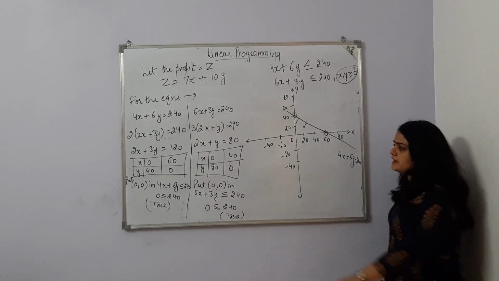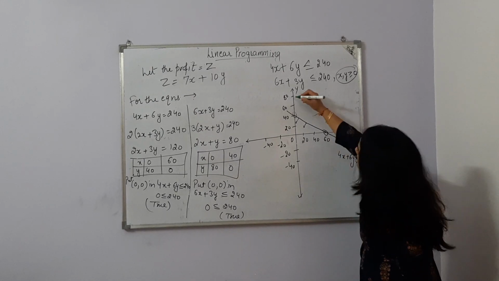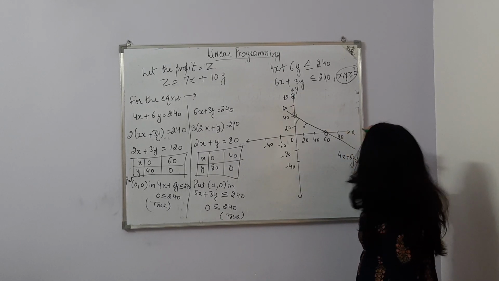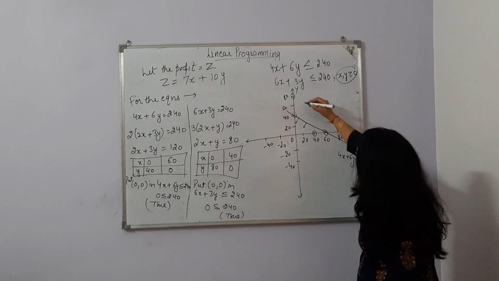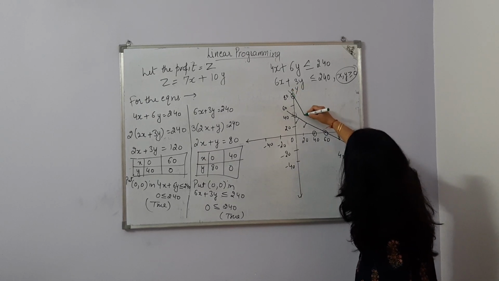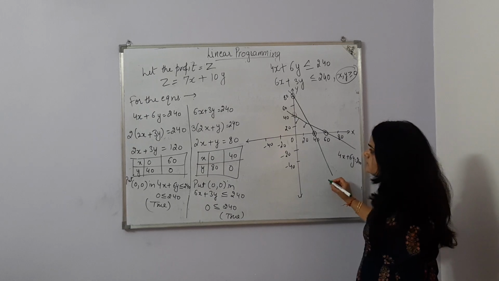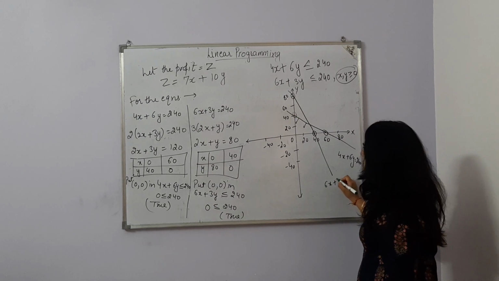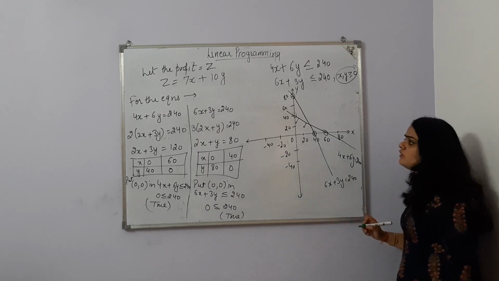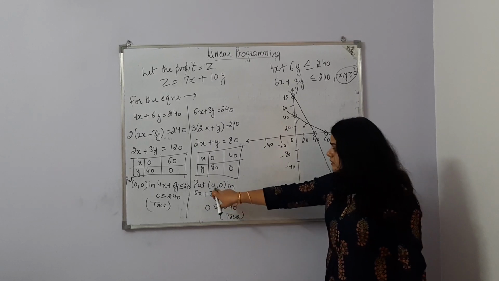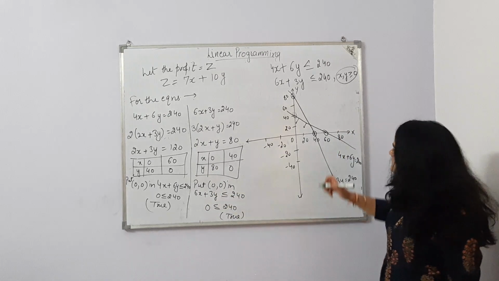Again, we have another line with points 0, 80 and 40, 0. We form one line and its equation is 6x plus 3y equals 240. Again, the case is true and the shading should be towards 0, 0.